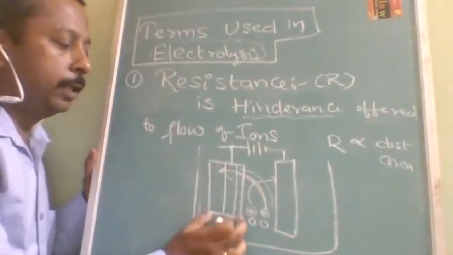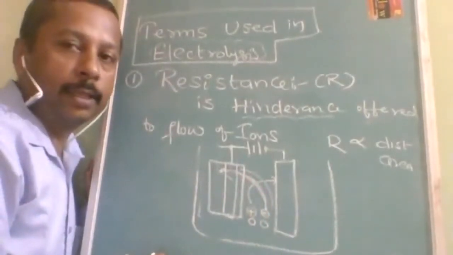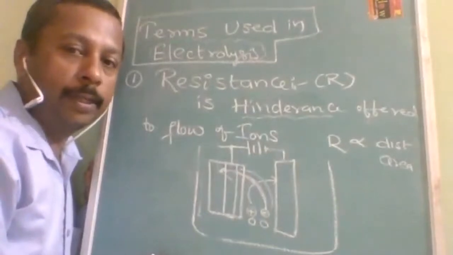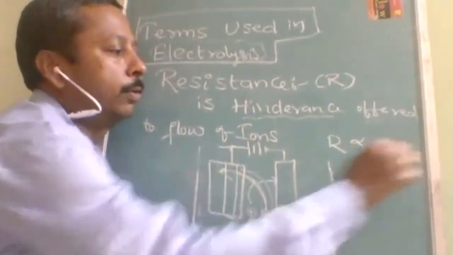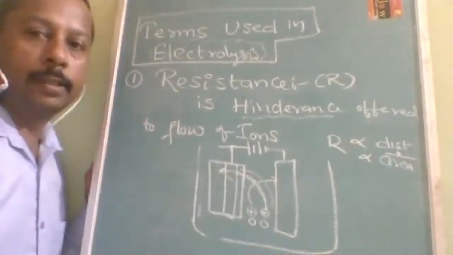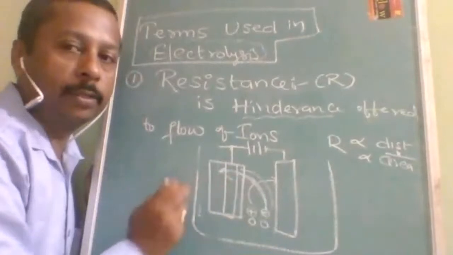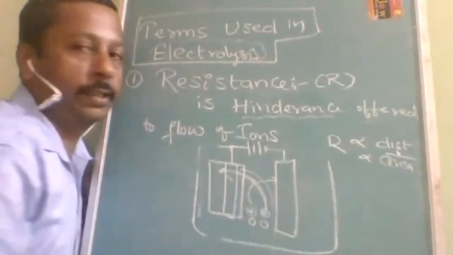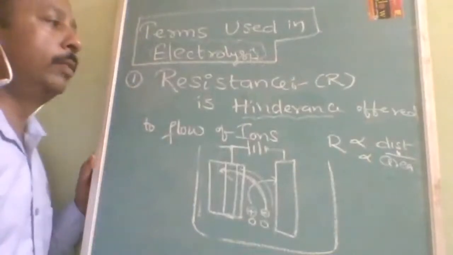That means area increased, convenience increased, and hindrance automatically decreased. So resistance is inversely proportional to area. Area of what? Of the electrode, and specifically the surface area.